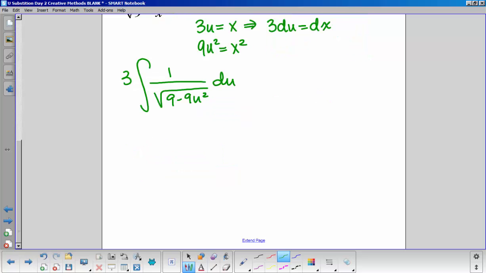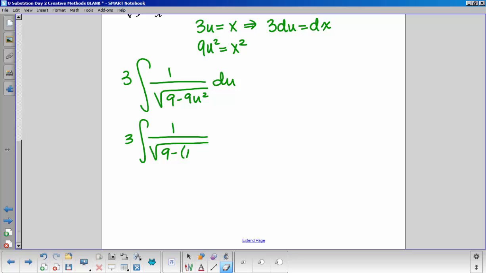And now, under the radical, I can factor out a 9, right? So I get 9 times 1 minus u squared, du. Now I'm happy because the 1 has arrived on the scene.